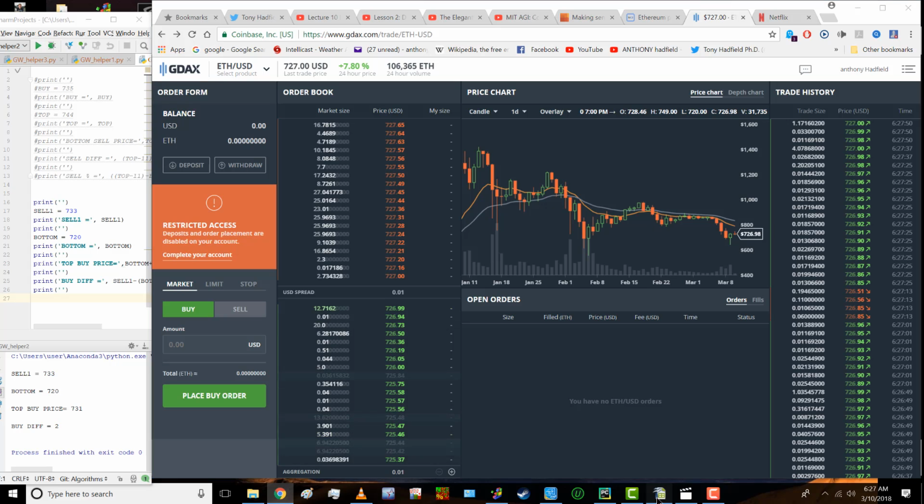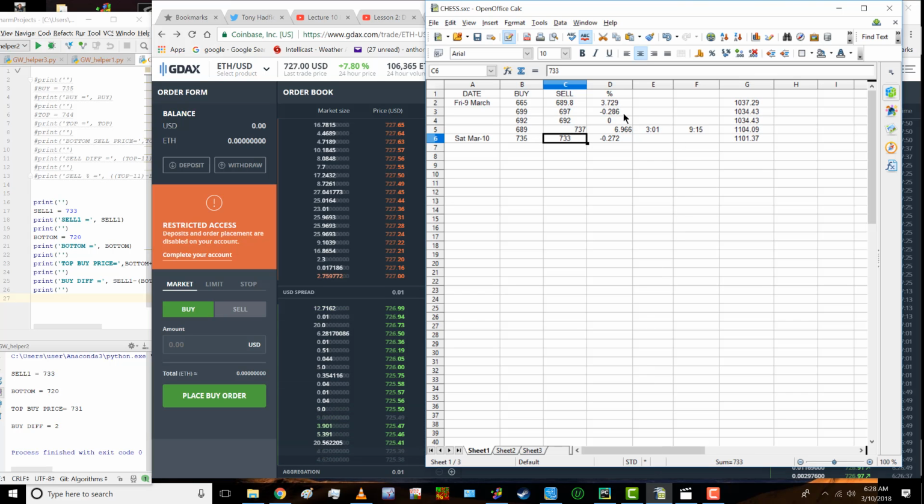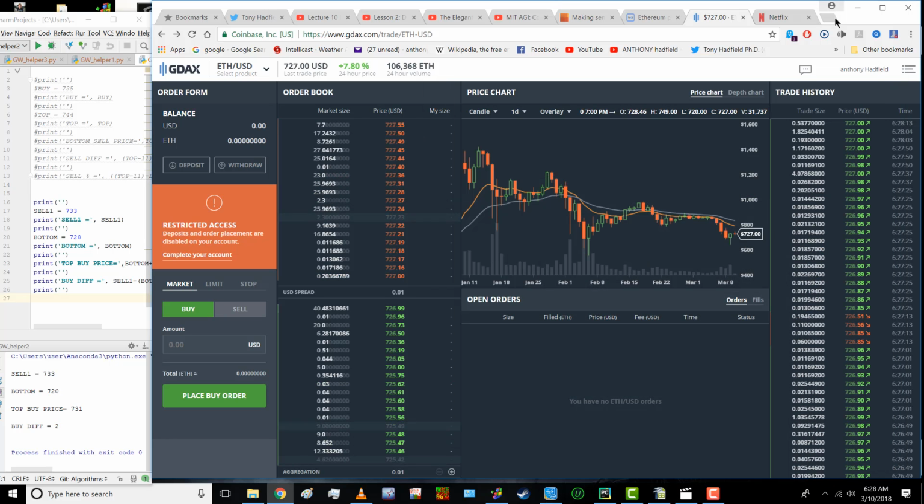I think these variances are well within tolerance. This variance here saw us lose a couple of dollars, and this variance here saw us lose a couple of dollars. That's perfectly reasonable. So far the $11 variance on the upside and downside to the buy or sell is quite good for this model.